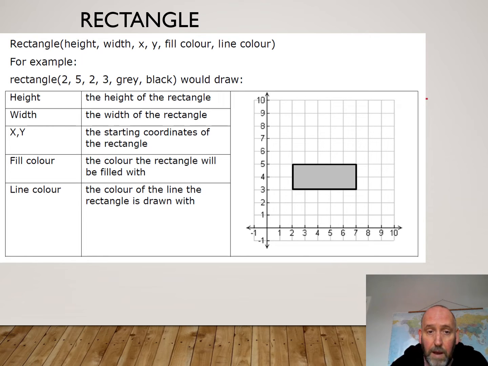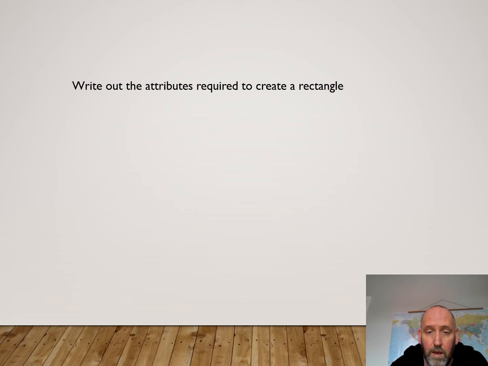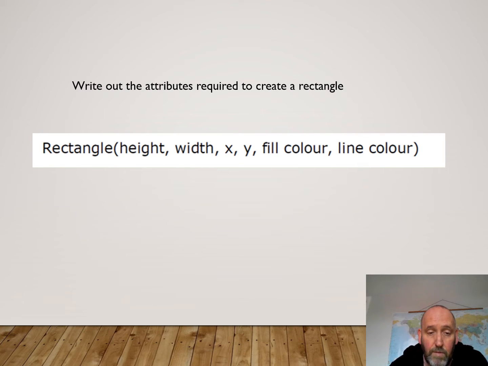It's 2 by 5, and it starts at 2, 3, and it's fill color grey, line black. Write out the attributes required to create a rectangle. Pause the video, write your answer. We need the height, the width, the X, Y, fill color, line color.